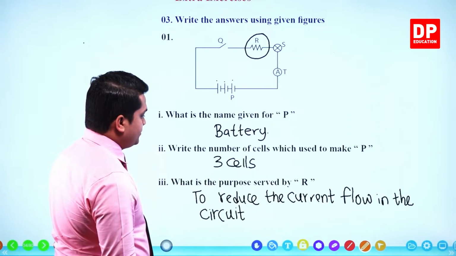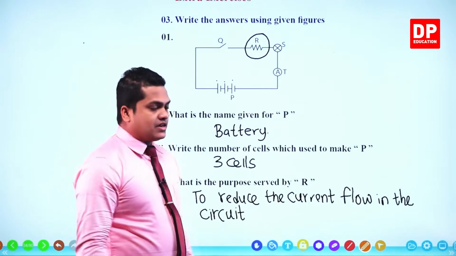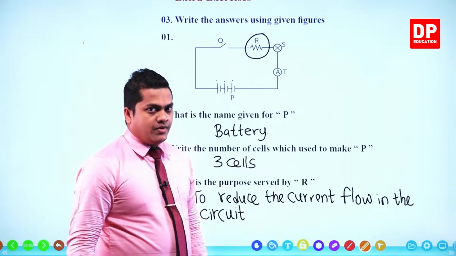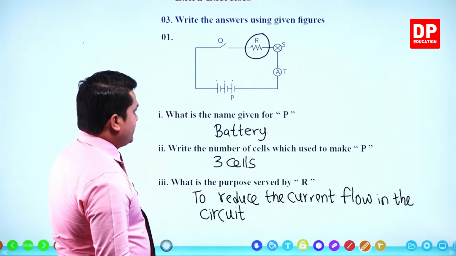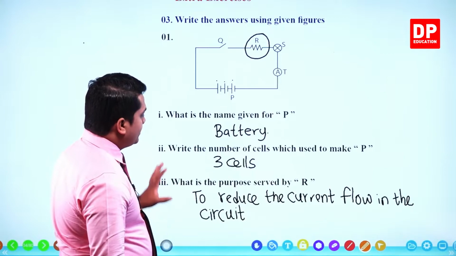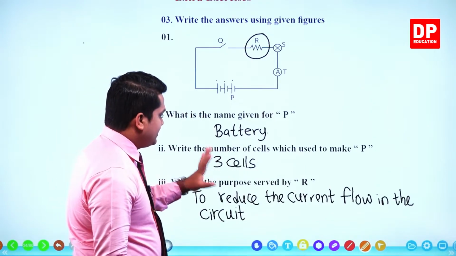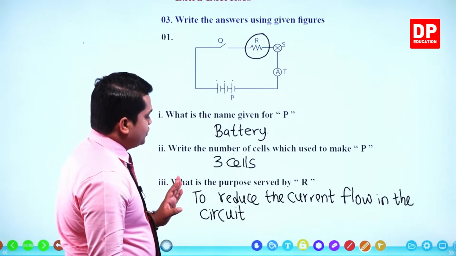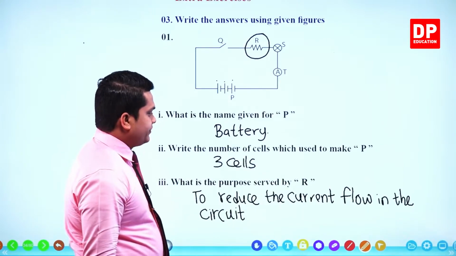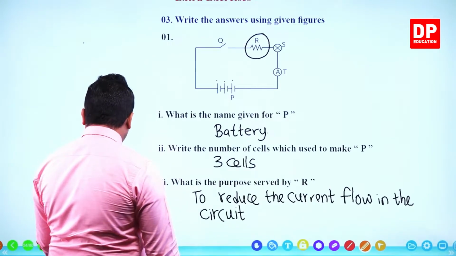So a resistor is used to reduce the current flow in the circuit, permanent resistor. So my dear children, P is the battery, the number of cells in the battery is 3, and R is used to reduce the current flow. So let's head on to the next question.